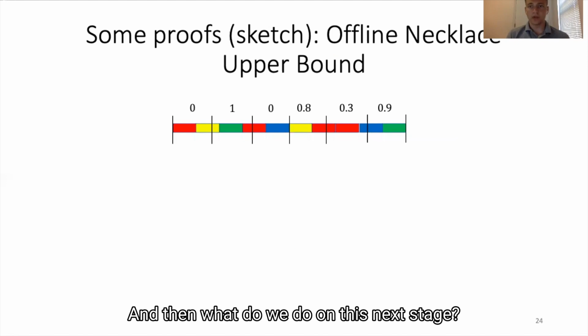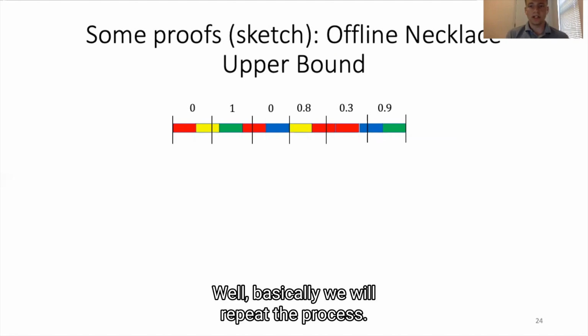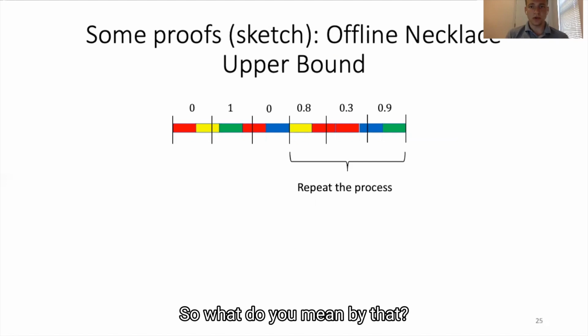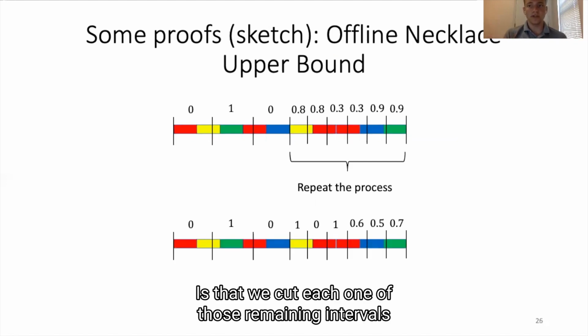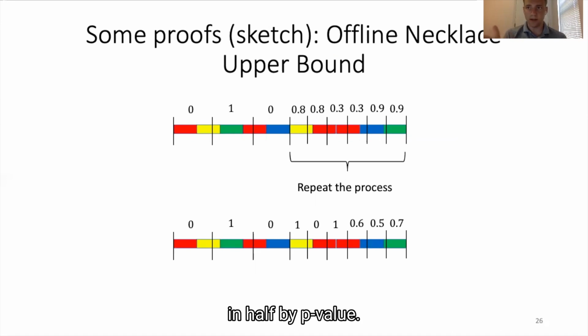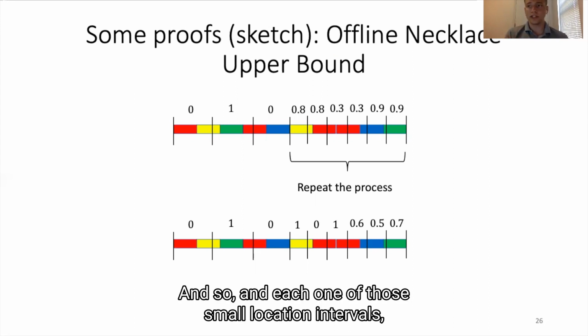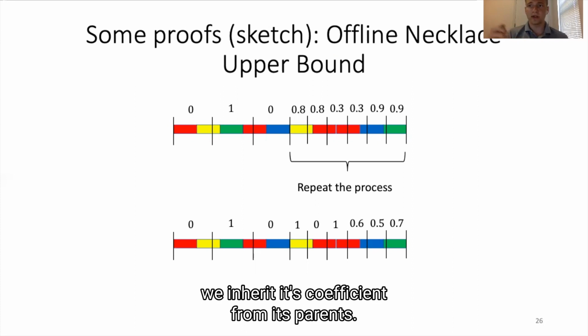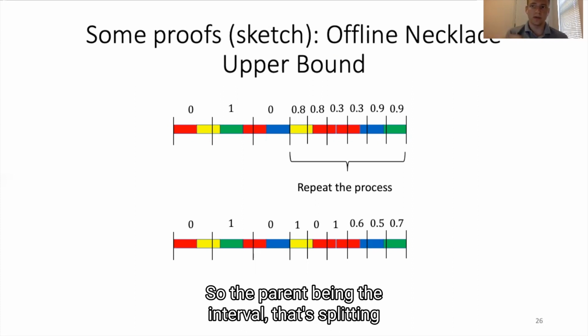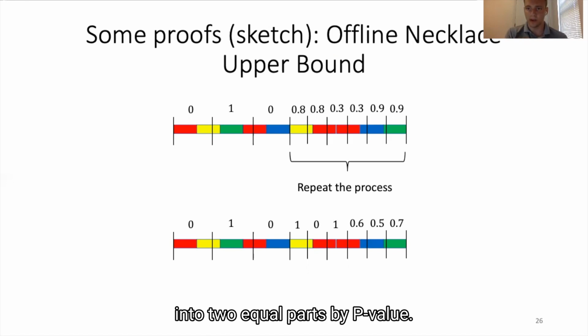And then what do we do on this next stage? Well, basically, we'll repeat the process. What we mean by that is that we cut each one of those remaining intervals in half by p-value. So we cut so that the p-value is not 1/2 right now, but will be 1/4 for each one of those smaller intervals. And each one of those smaller created intervals will inherit its coefficient from its parent, the parent being the interval that was split into two equal parts by p-value.